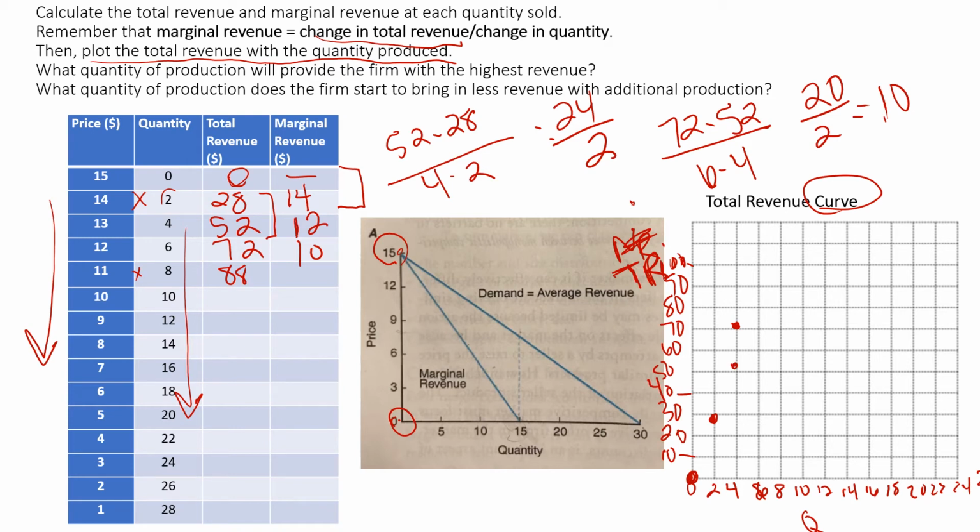At 4, we're making 52. At 6, 72. At 8, 88. So what you're going to start to see here is that it's probably going to eventually level off. Okay, but go ahead and check that out and see what you get there.